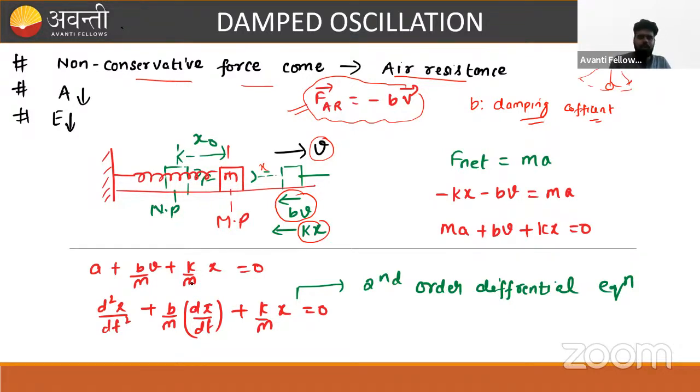Kx and bv act in the same direction, opposite to the displacement, and because of the inertia of the mass, the net force can be written as m into a. If we solve this equation, we put the acceleration as the second derivative of x. What is the velocity? The first derivative of x.